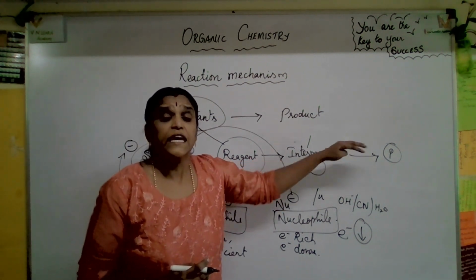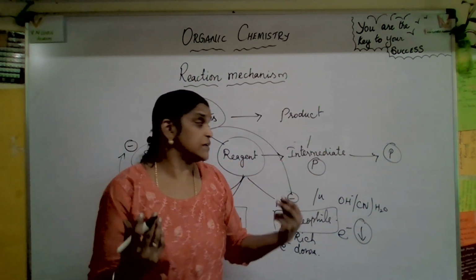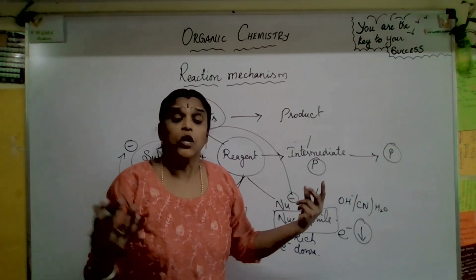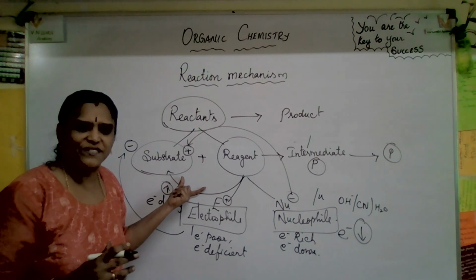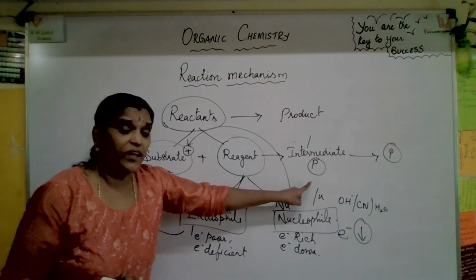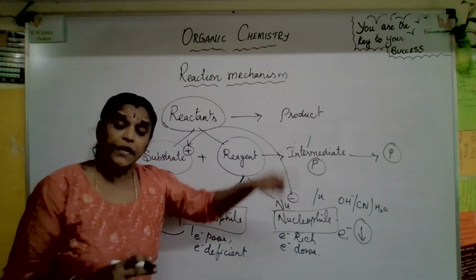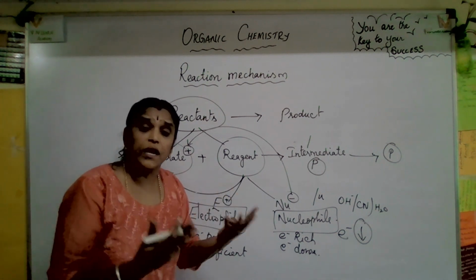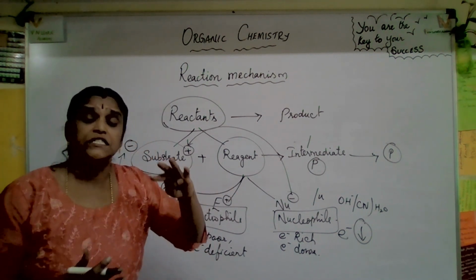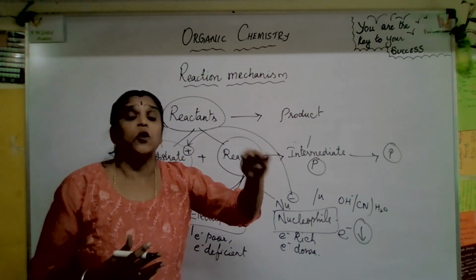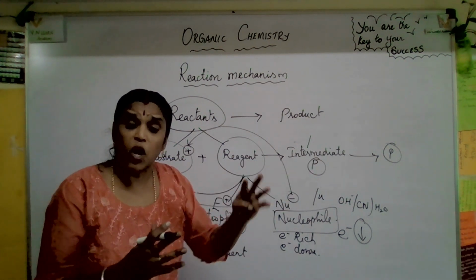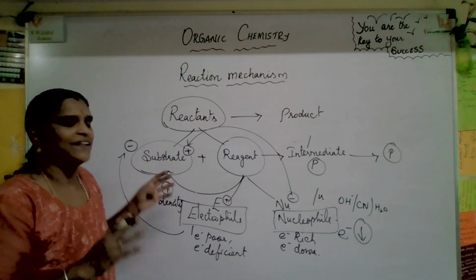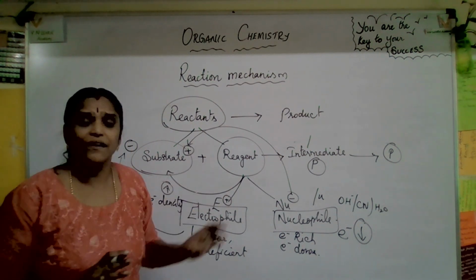First and foremost, the intermediate product is more reactive compared to the parent compounds, because these both combine to give an intermediate compound. A phenoxide is more reactive than phenol, right? The same way here, the intermediate product is more reactive than the substrate and reagent.